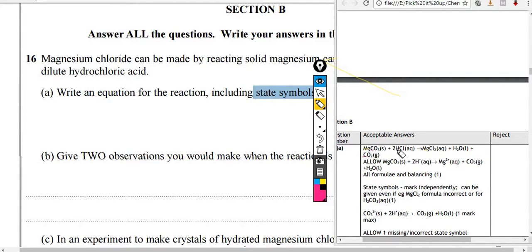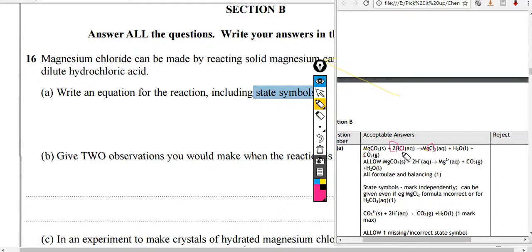Now we will leave oxygen for a while and count the Cl atoms. On this side of the equation you have one Cl atom, and here you have two Cl atoms, so that is not balanced. For that reason you have to make this side 2 as well. That's why you have the coefficient 2 here.